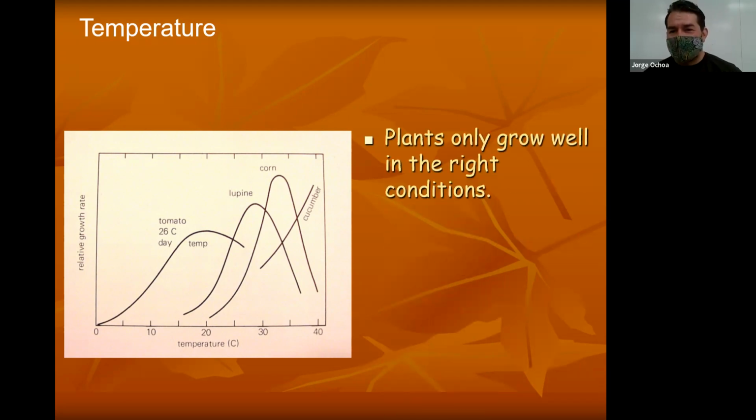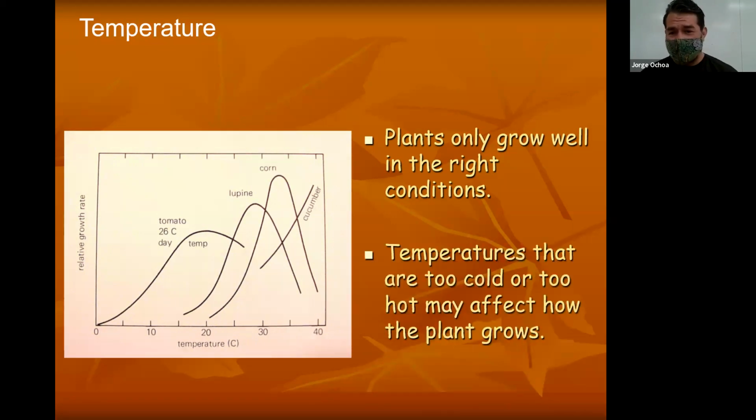So here's plants that grow well in the right conditions. So right temperature, happy plants, good soil, happy plants, right environment, right water. And that's a fantasy, but we'll try. We'll keep trying. And then the temperature too cold or too hot may affect the plant growth. Yes. Tropical plants like me right now are suffering.